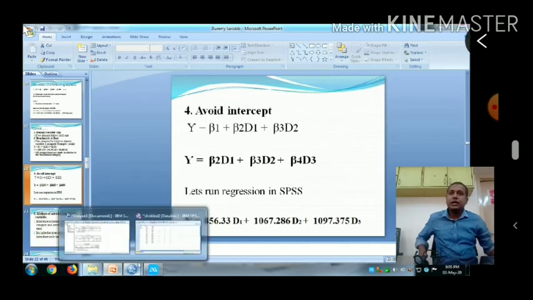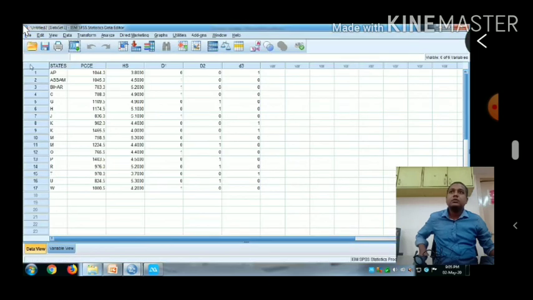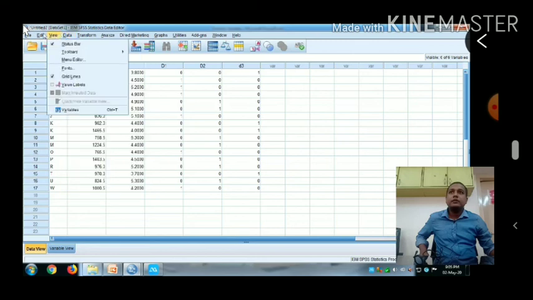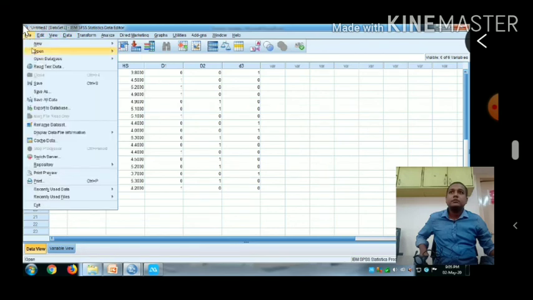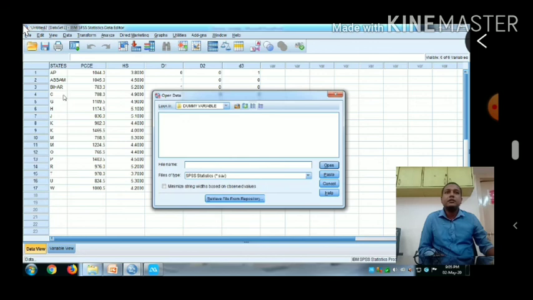So now let us take the south. Open the data file.